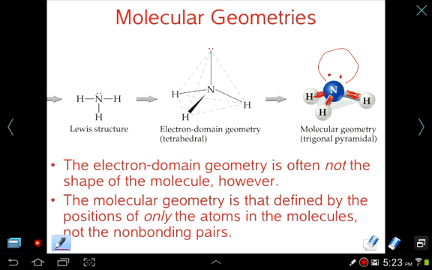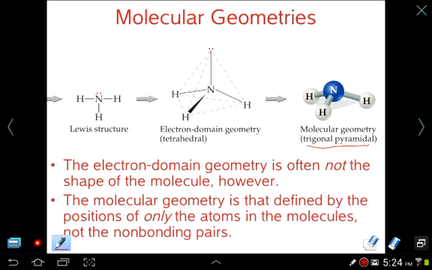Think of this cloud as repelling and pushing down on the other 3 electron domains. And that's why the molecule itself looks like this, and we call this trigonal pyramidal. And we'll go into the details of each one of these.